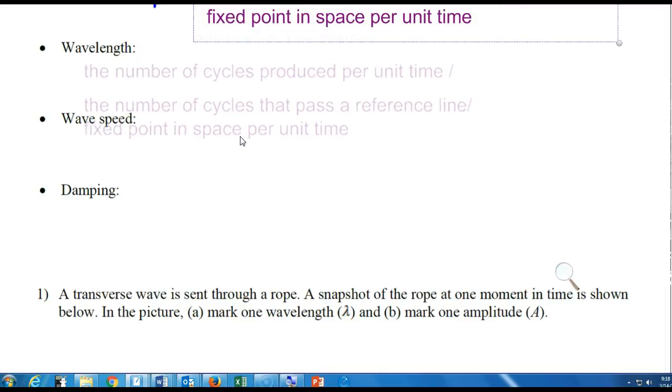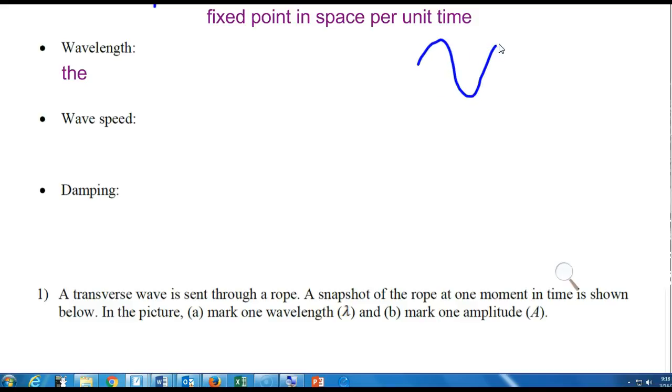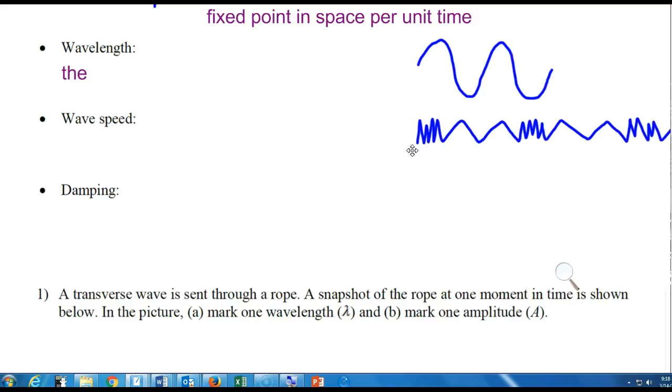On to wavelength. This is an easy idea. Before we write the definition, let's draw a transverse wave, and then we'll also draw a longitudinal wave. So there's a compression, a rarefaction, a compression, a rarefaction, compression, and so forth.